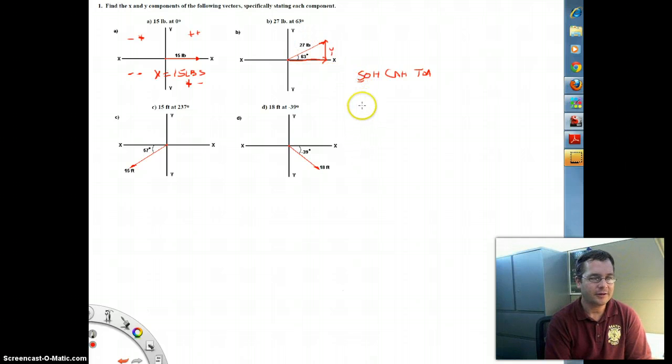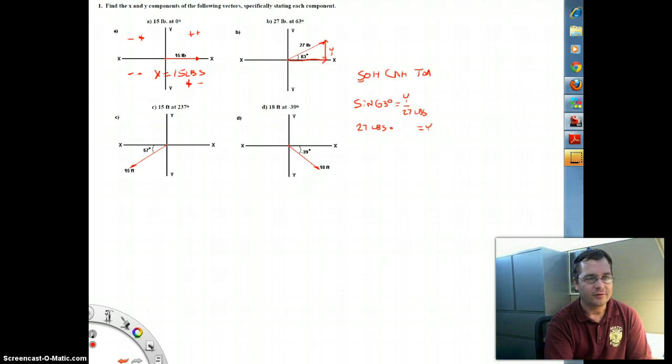Well, it's the sine, right? So what do we know? Sine of 63 degrees equals opposite over hypotenuse, the y length divided by 27 pounds. That means that 27 pounds times the sine of 63 equals y.